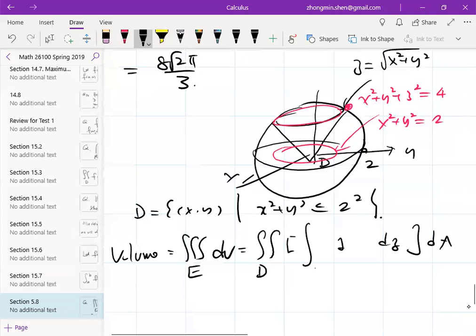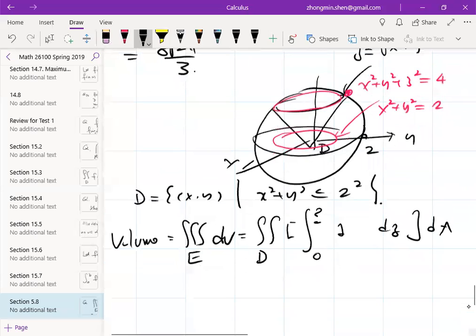So this is from 0, no problem. The question is, what is the upper limit for the z? It depends on where the point is. If it's inside this red circle, then z's upper bound will be the square root of x squared plus y squared. But if it's outside the red circle, then it will be different.